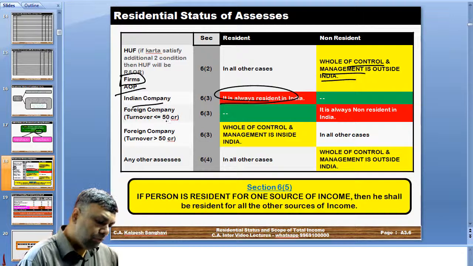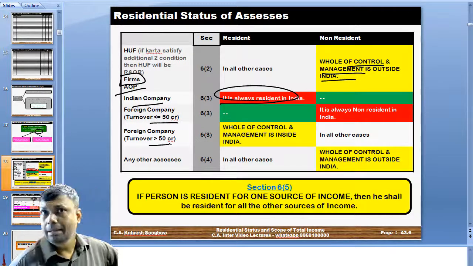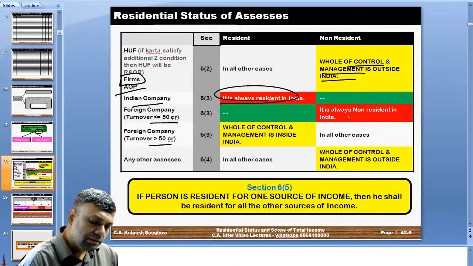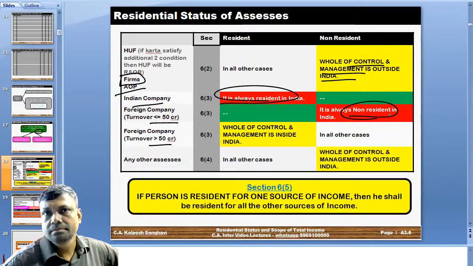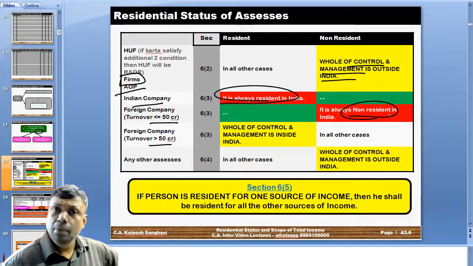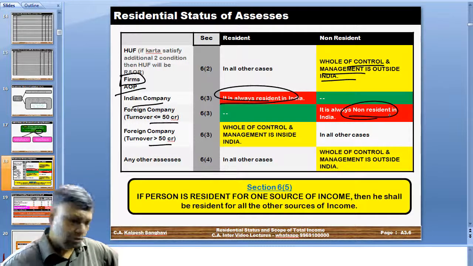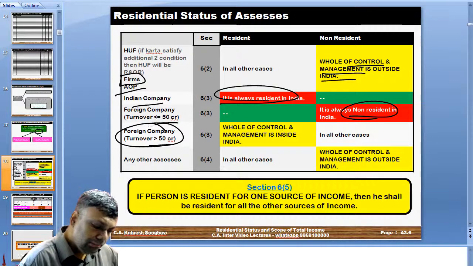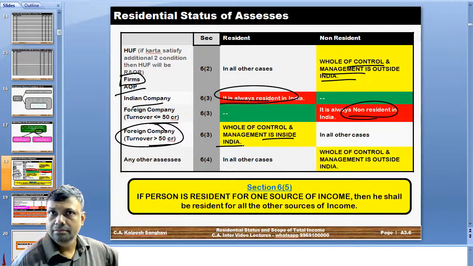Now, foreign company, we have a test of turnover. That means big foreign companies and small foreign companies. A small foreign company is always non-resident. This is for the sake of simplicity. And if you are a big foreign company, if the whole of the control and management is inside India, only then you are resident, because anyway you are a foreign company.